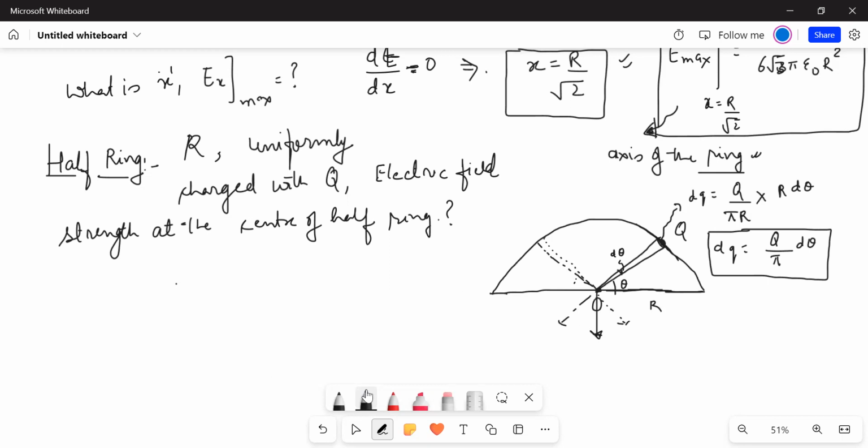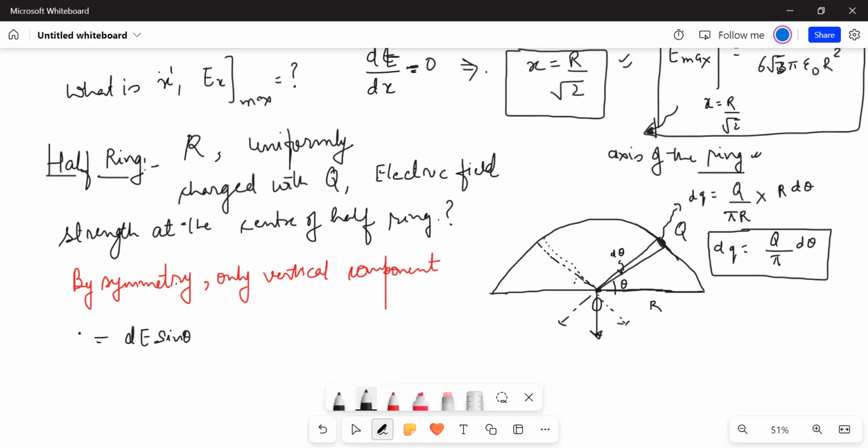So by symmetry, only vertical components would survive. And what is that vertical component? It would be dE sine theta. If this is theta, then this will be 90 minus theta. So basically only dE sine theta will survive.